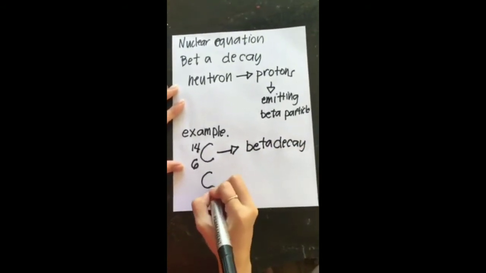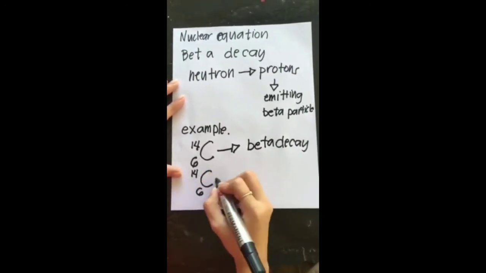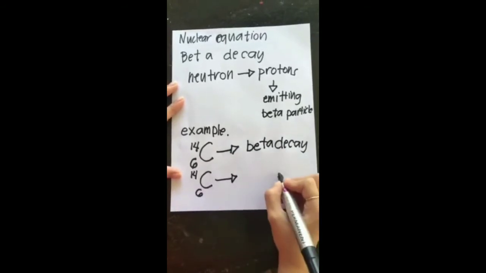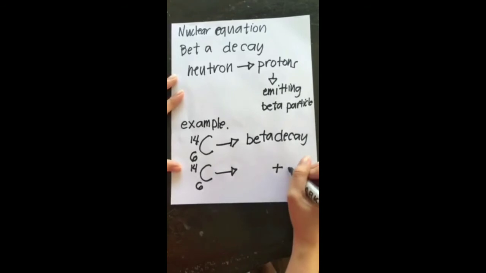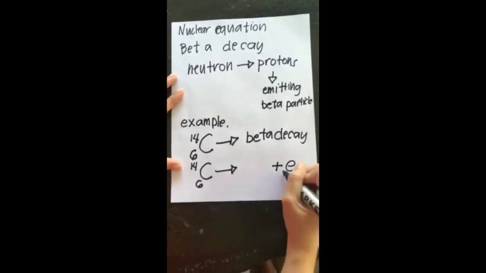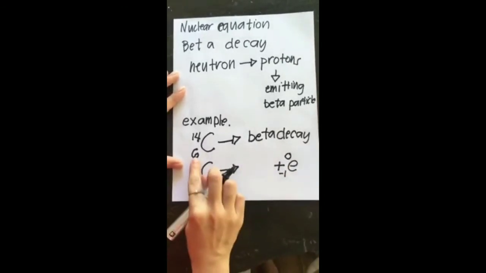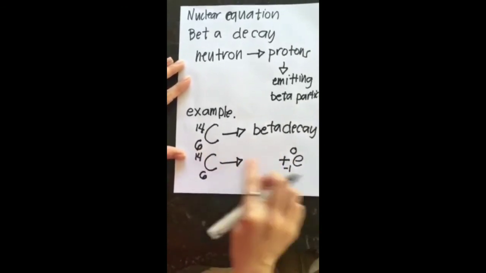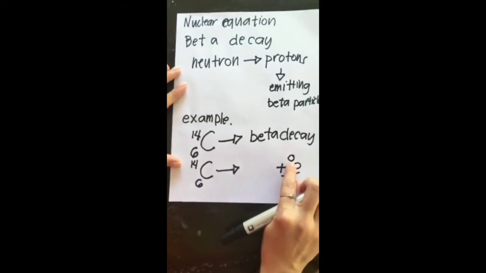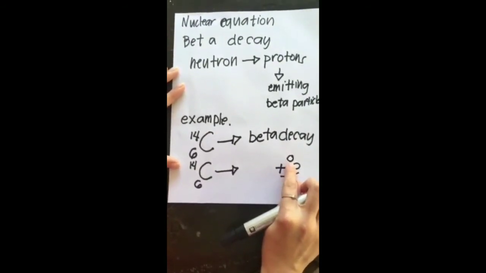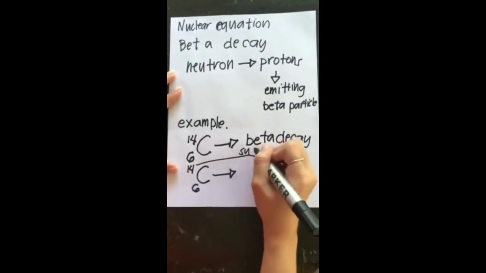So again, let's copy carbon with atomic number of 6 and atomic mass of 14. Draw an arrow, and on the right side, let's write the plus sign with the beta decay general formula. In order to find the new element, let's subtract the atomic mass of beta decay from the atomic mass of carbon.